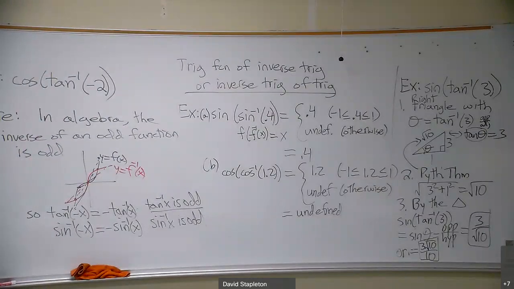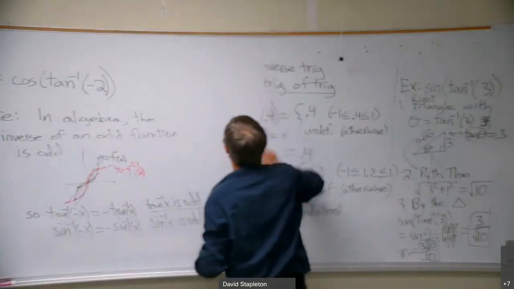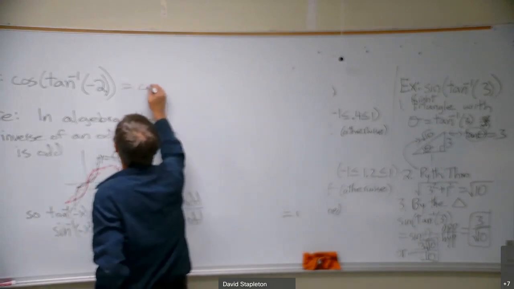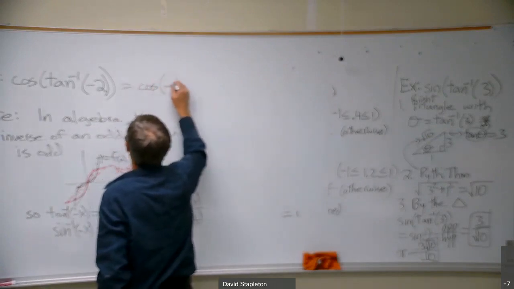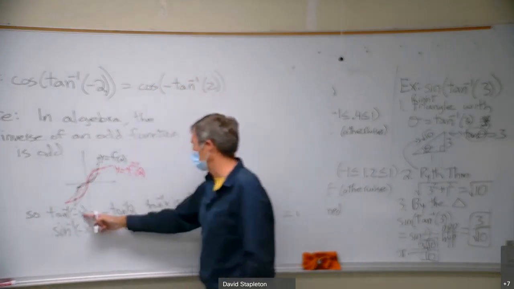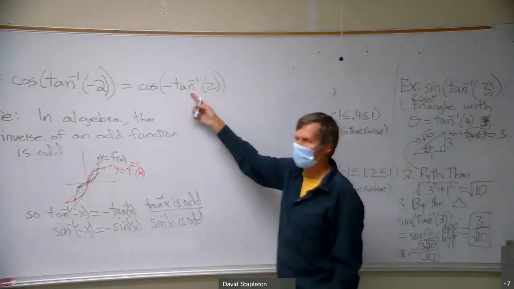That means that we can do an easier problem than this. If you have a negative arctangent of a negative number here, you can pull the minus out. You can say this is cosine of minus the arctangent of plus 2, right? Arctangent's odd, pull the minus out. And now what's the cosine of minus arctangent?